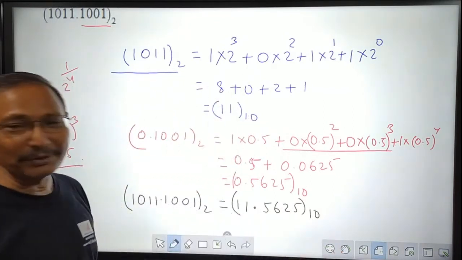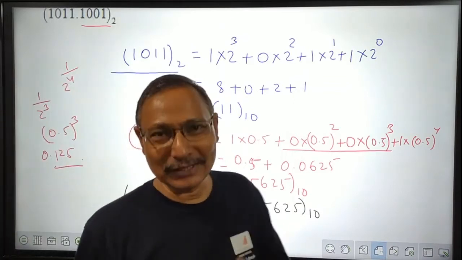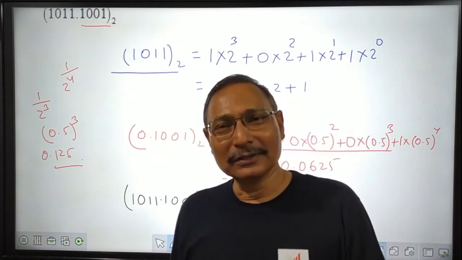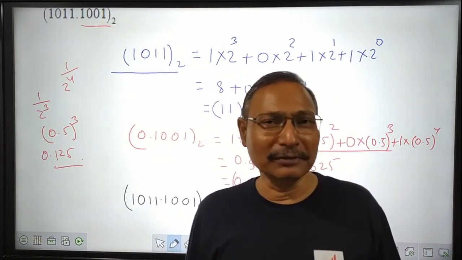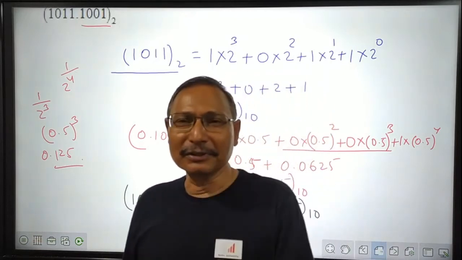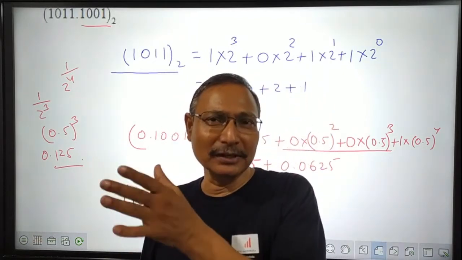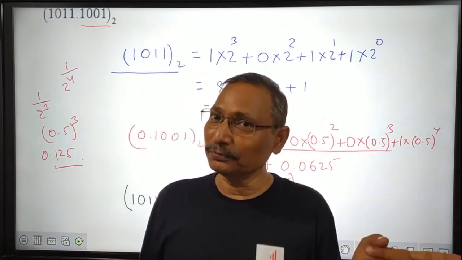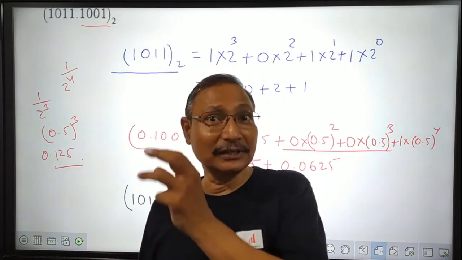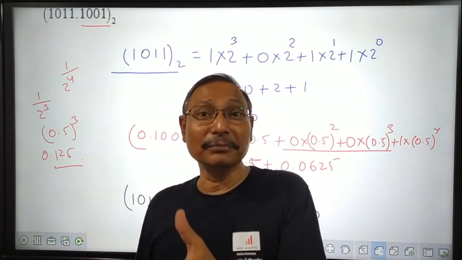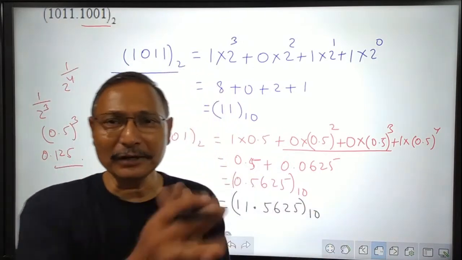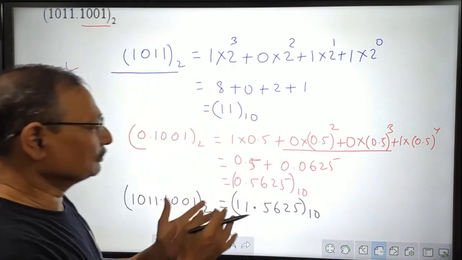It is a very simple way to do it. To convert a mixed binary number into a mixed decimal number, we simply convert the non-fractional binary part into a non-fractional decimal number, separately convert the fractional binary part into a fractional decimal number, and later combine them together to know the answer.